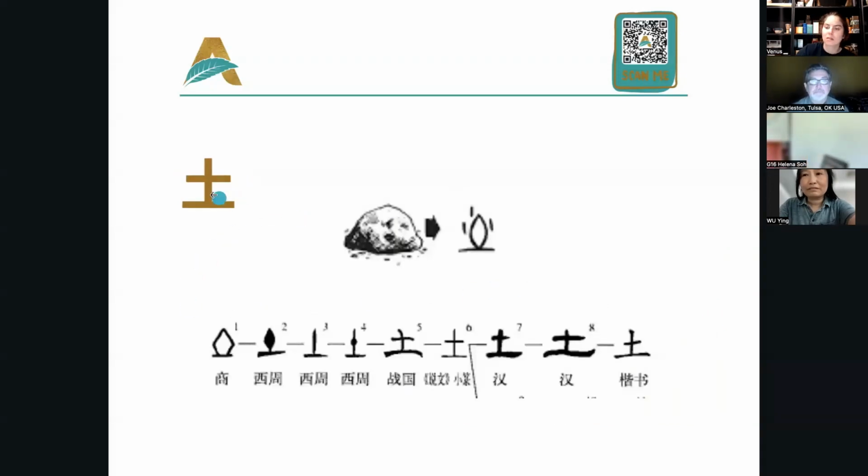So with the 土, it can mean the earth, and it can also mean soil. It basically means whatever is on the ground that we can stand on. So that's why it's drawn as some sort of rock with dirt around it. So it basically means the ground as well.